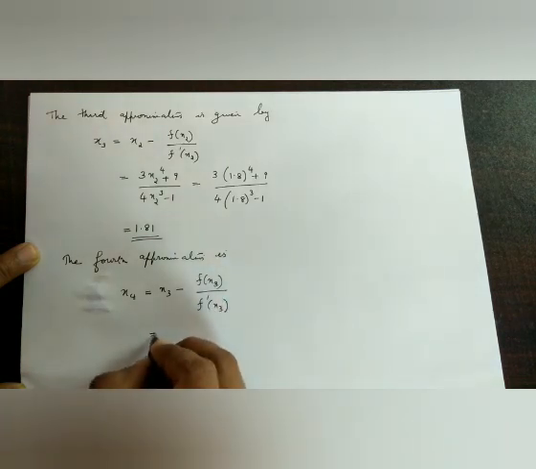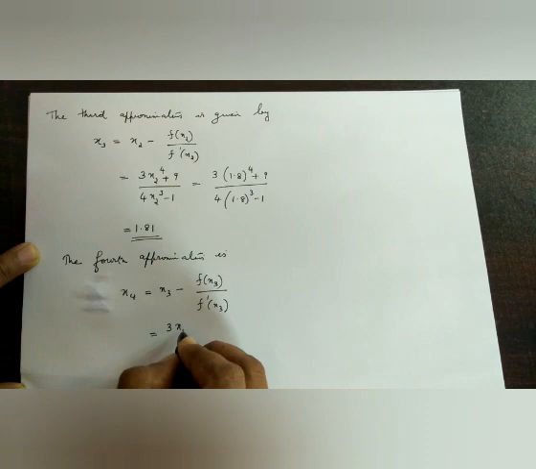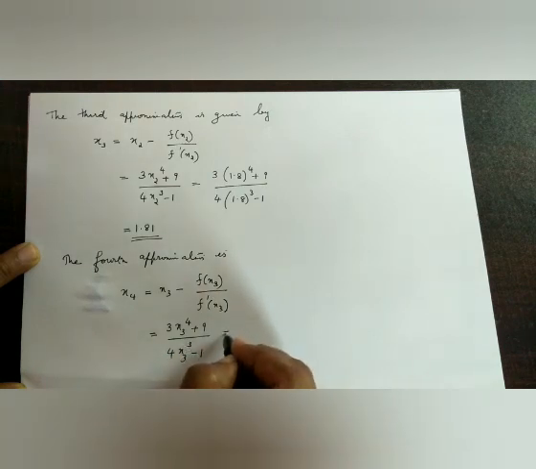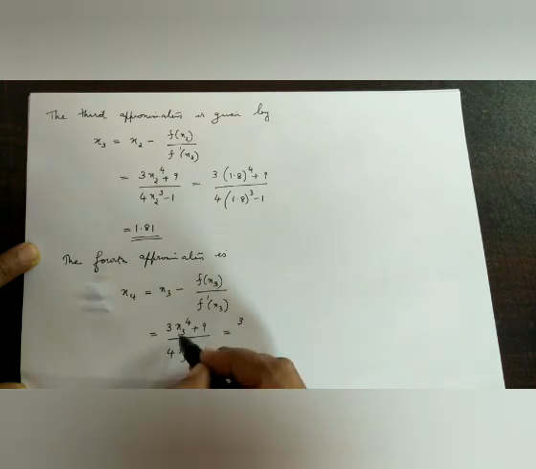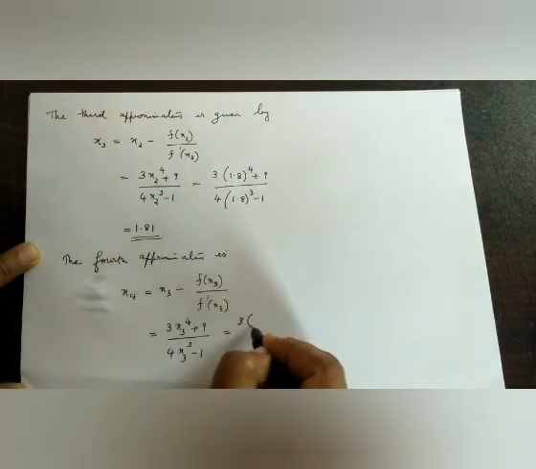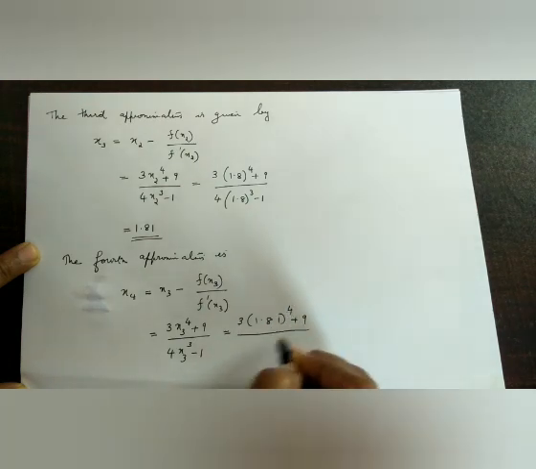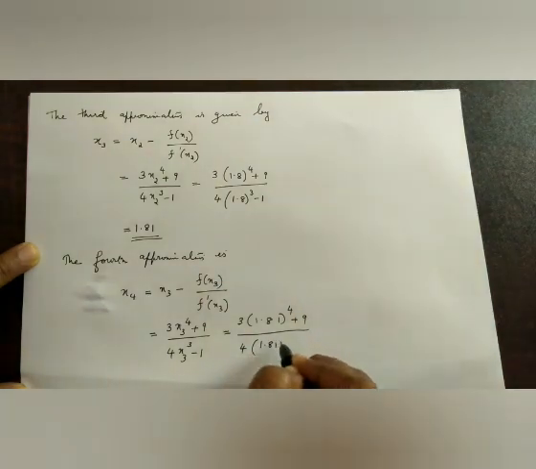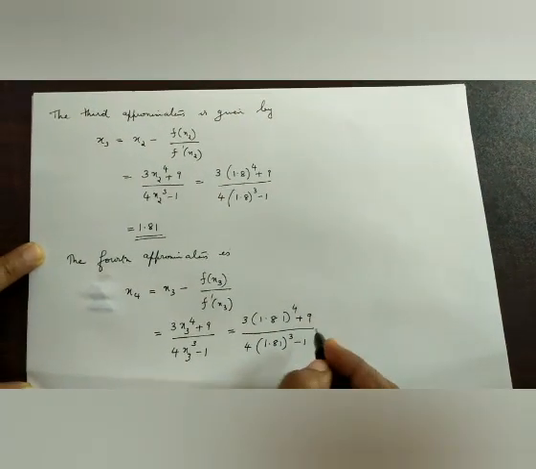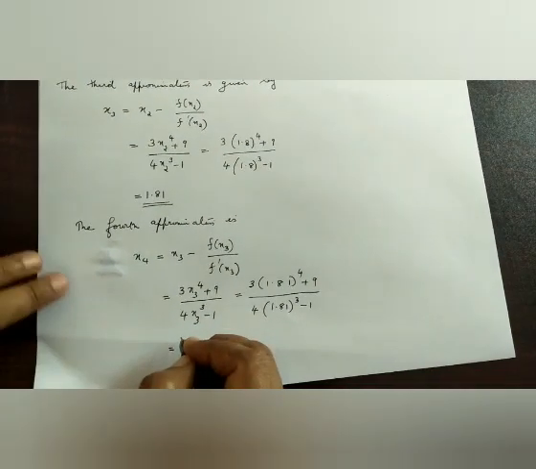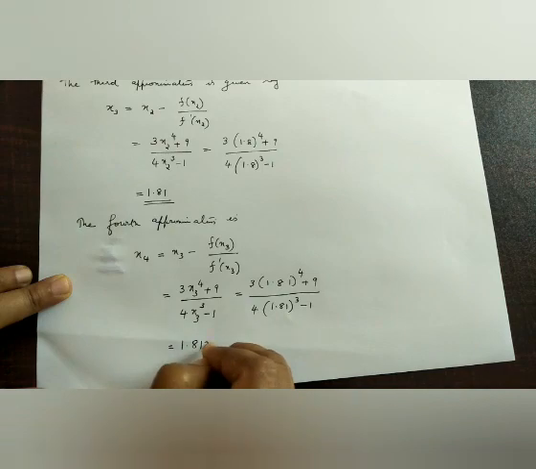Now the formula is (3x3^4 + 9) / (4x3^3 - 1), which is equal to (3 x 1.81^4 + 9) / (4 x 1.81^3 - 1). On calculation, we get 1.813.